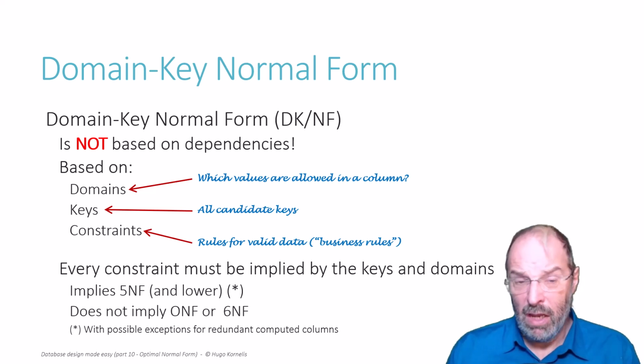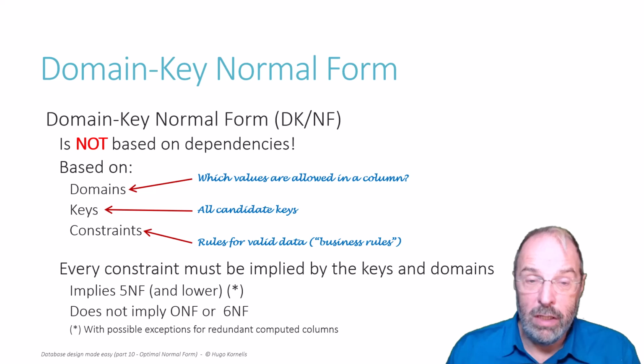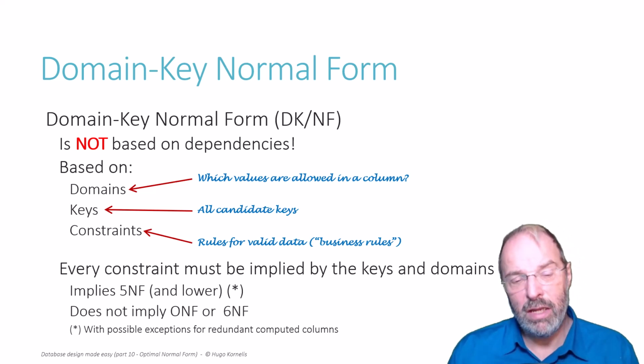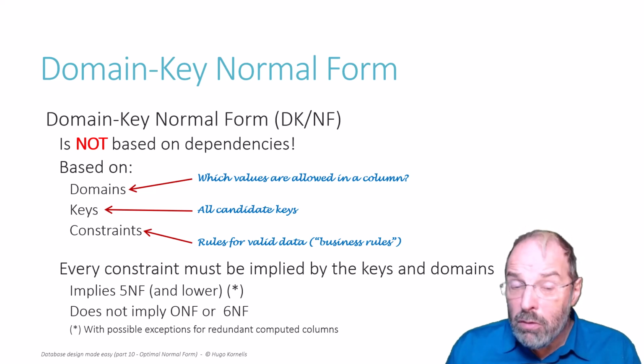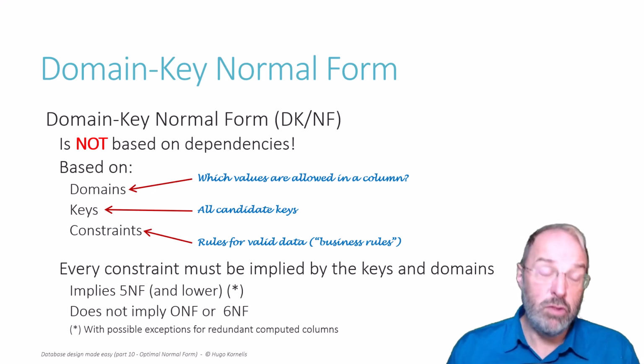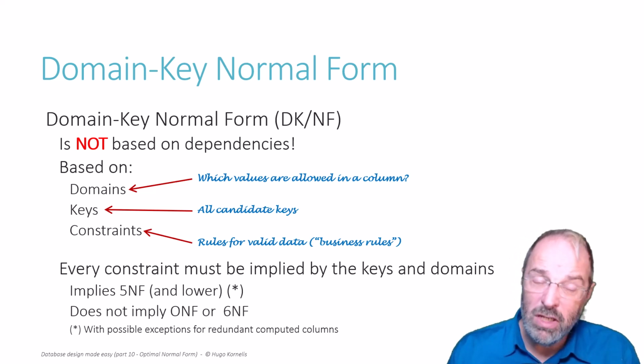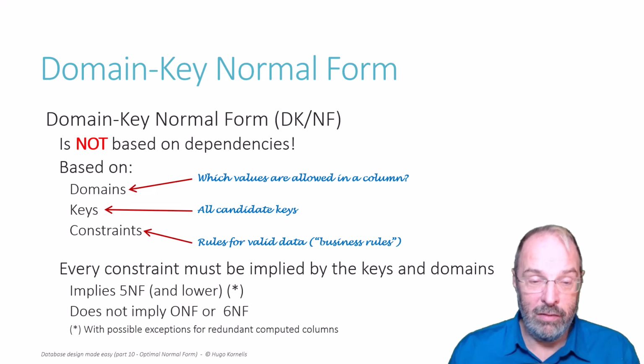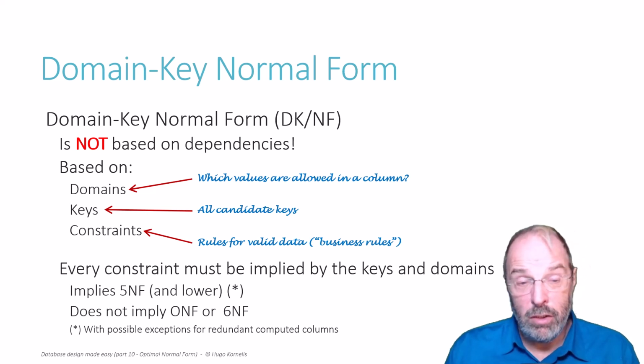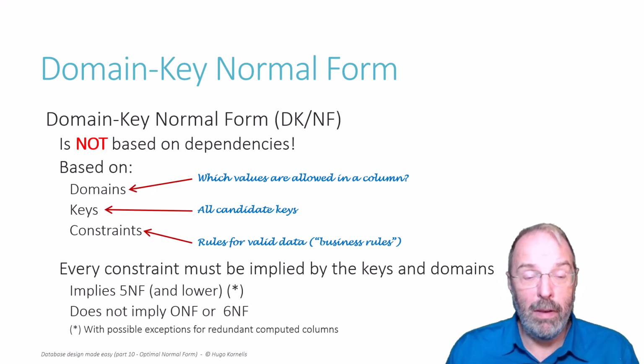The only difference is how it is stored, whether or not you get those null values in your tables. But there was no difference in business rules. In fact, the sixth normal form version is a bit weaker when you look at what business rules are enforced. So that is why domain key normal form does not imply optimal normal form or sixth normal form.